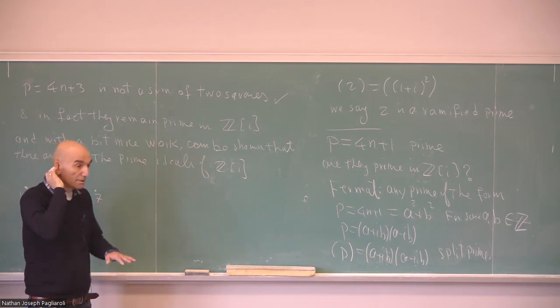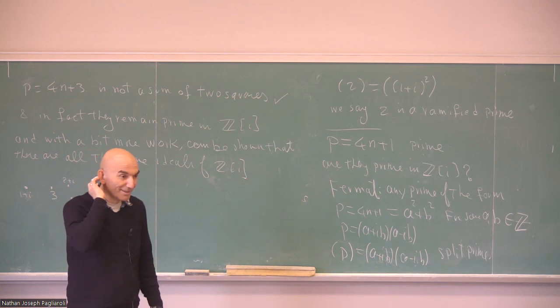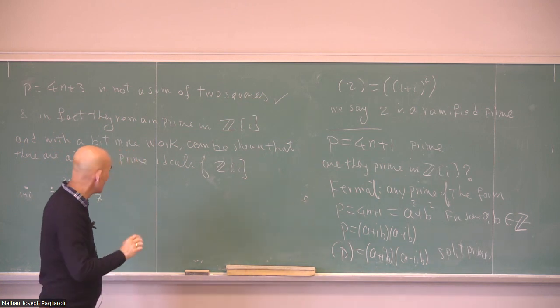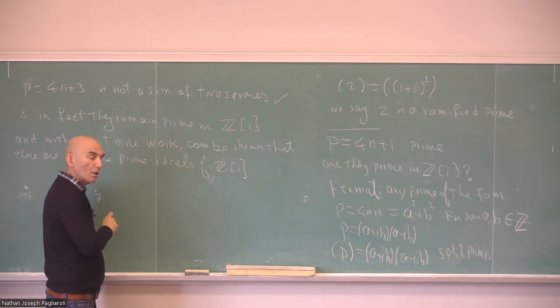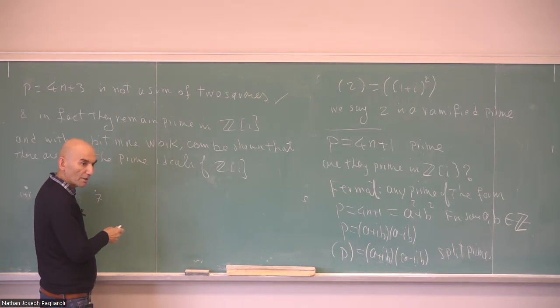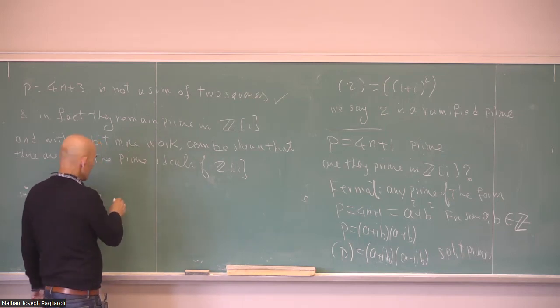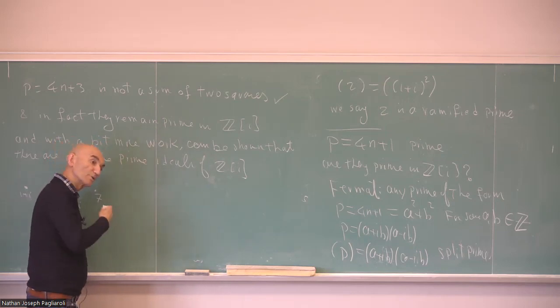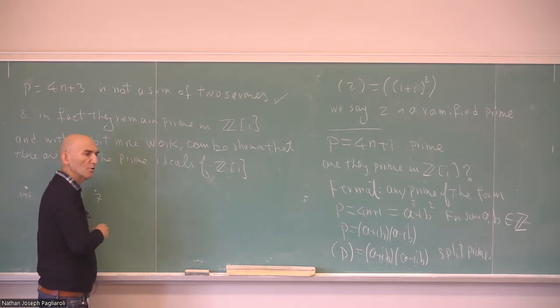Say it a little slower. 2 plus 3i and 2 minus 3i? You're talking about 4 plus 9, oh, that's 13. No. What about 11?